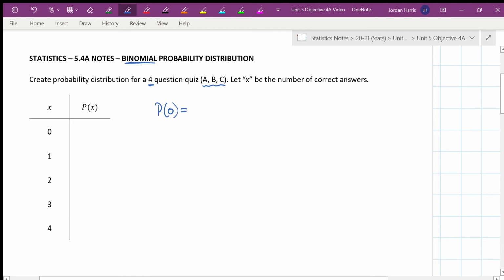So probability of getting 0 correct. Well, we have 4 questions, so 4 fractions. And then we have combinations. I want all of them to be wrong. So I'll use a W to represent wrong. So what's the probability of getting this wrong?